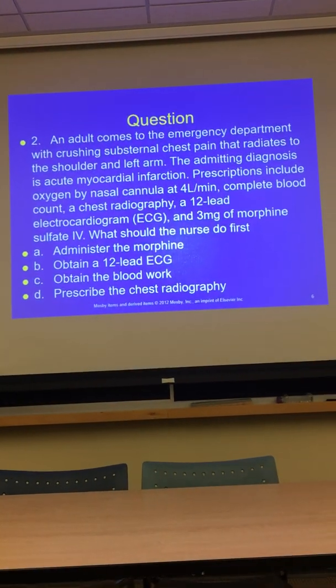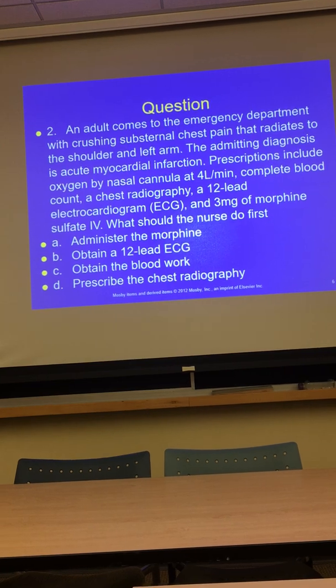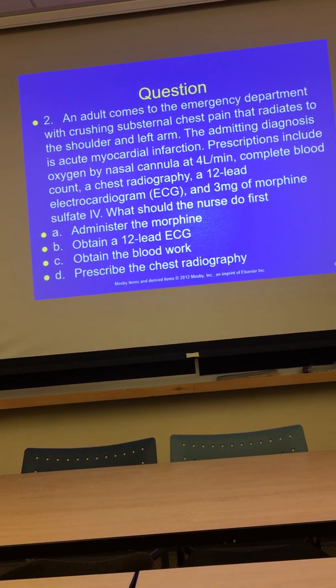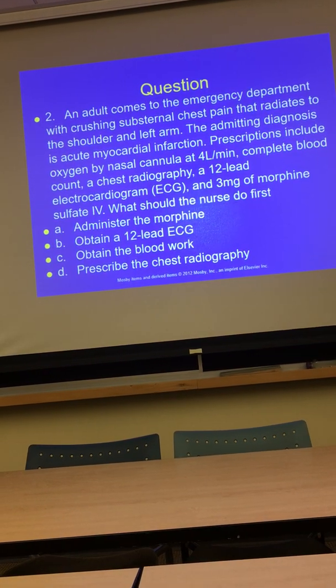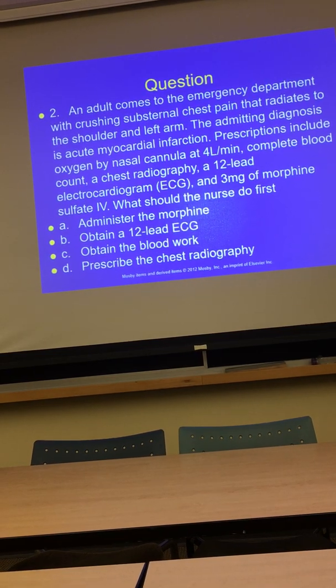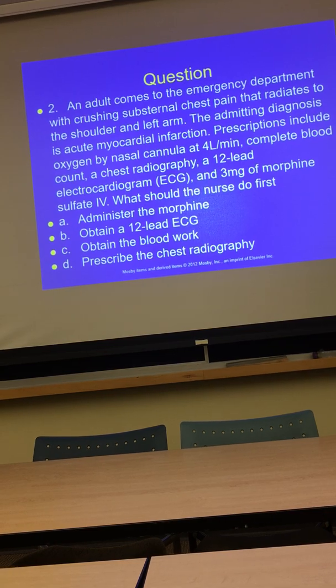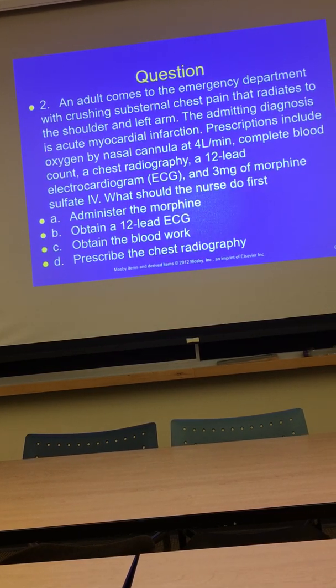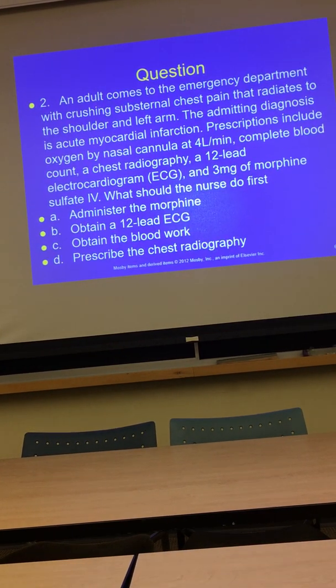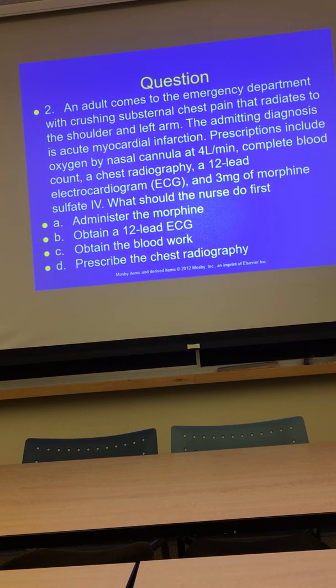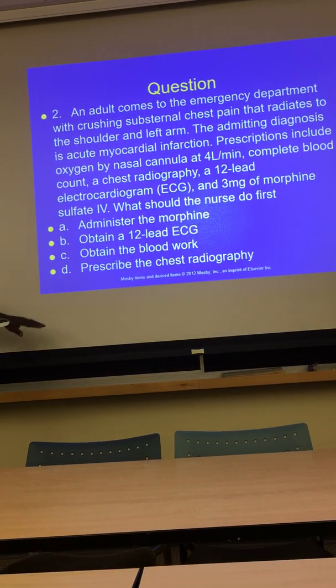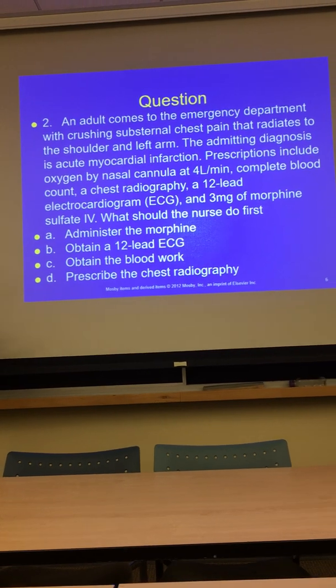This is another example of a priority question with the words, what will you do first? A, administer morphine. B, obtain a 12-lead ECG. C, obtain the blood work. D, prescribe chest radiography.